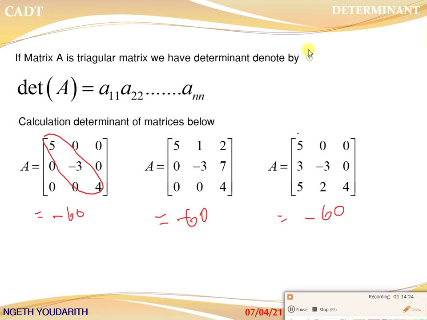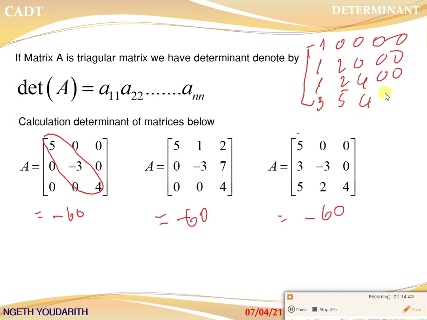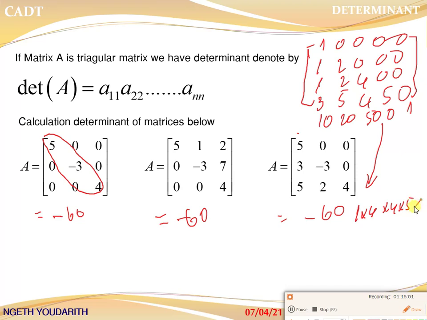If I write 1, 0, 0, 0, 0, 1, 2, 0, 0, 0, 1, 2, 4, 0, 0, 5, 3, 5, 4, 5, 0, and 10, 20, 50, 0, and 1, this determinant is equal to 1 times 2, 4, 5, and 1.